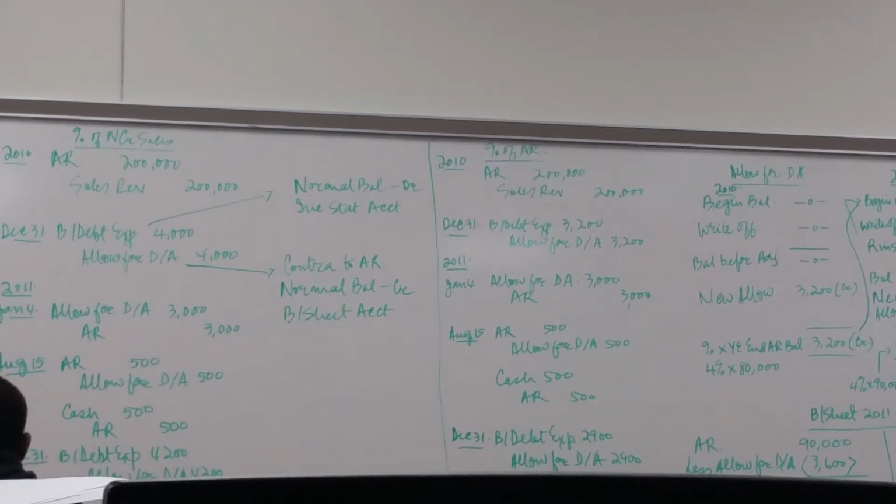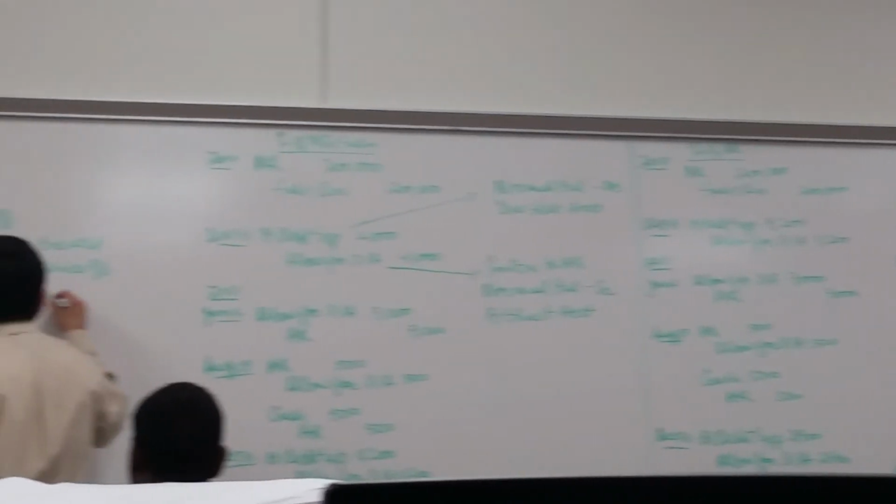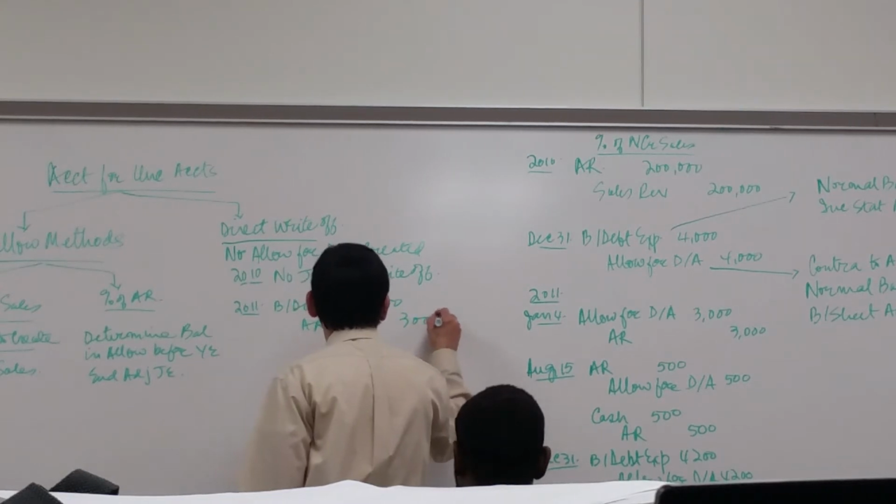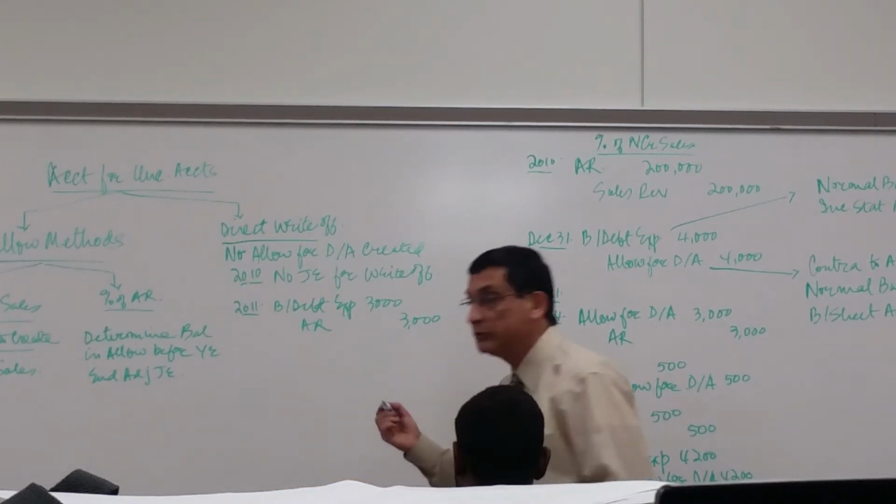2011, did an account go bad? At that time, you will debit bad debt expense. You wrote off 3,000, correct? And credit AR 3,000. As and when an account goes bad, you deal with it.